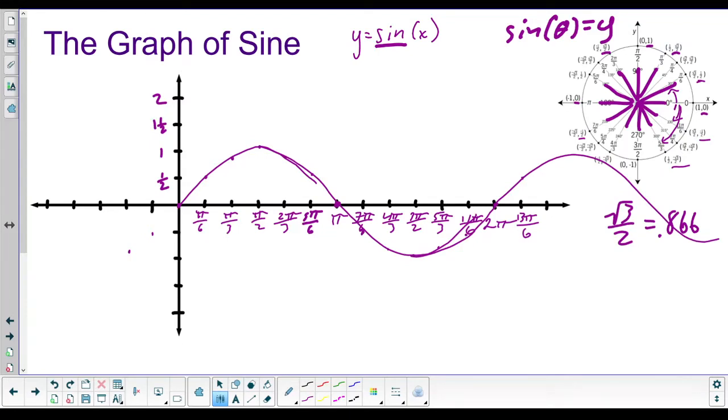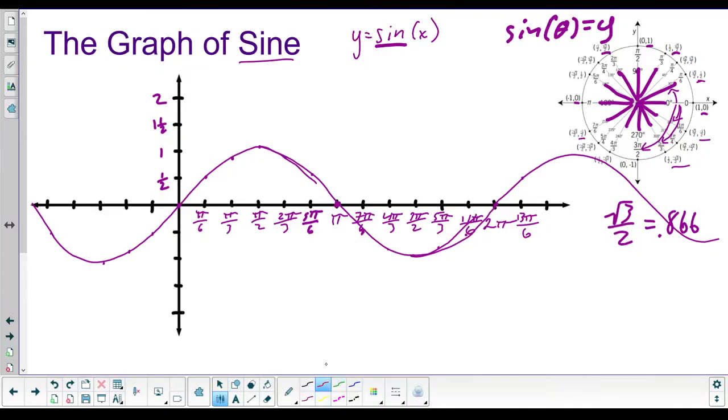Then at negative 90 degrees, we'd be at negative 1. So you can see this curve pattern continues into the negative direction and would keep doing this waving thing. So sines are sometimes called sine waves because they make this nice repeating wave that continues forever. Awesome. Cool. So that's what sine looks like.